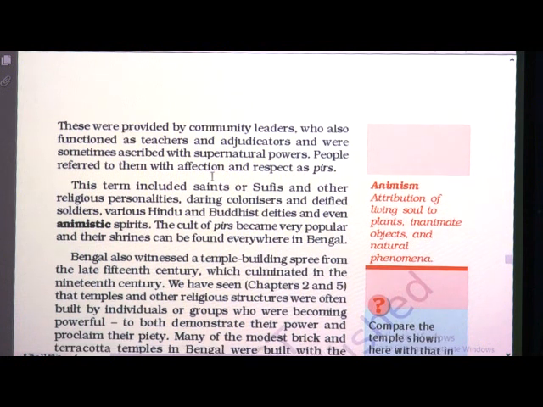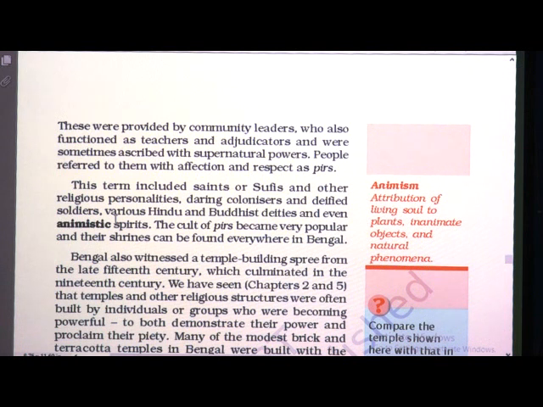These were provided by community leaders who also functioned as teachers and educators, and were sometimes ascribed supernatural powers. People referred to them with affection and respect as peers.